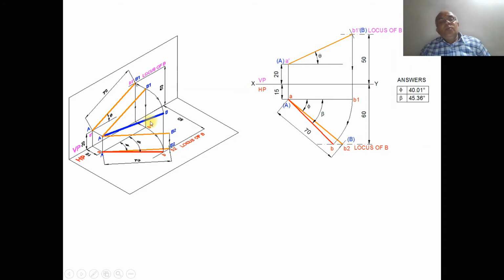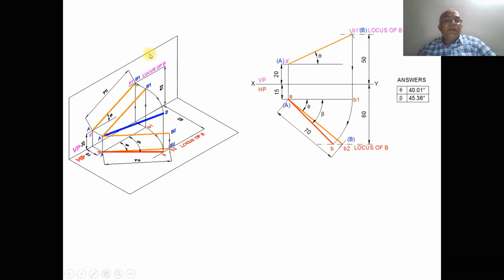Now when I want to find out the top view, I have to look from the front view. You take the front view true length, and when you rotate, the locus of B, which is in front of VP by 15 mm, has to be in front of VP by 60 mm. So with A as center, taking the radius of AB1, you rotate it such that B1 touches the locus of B in the top view.